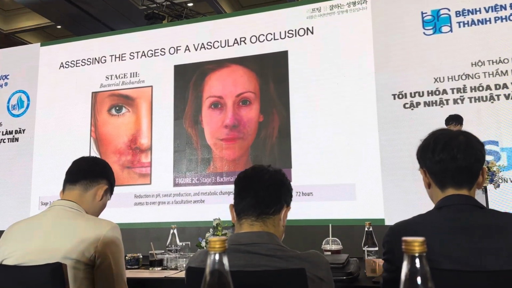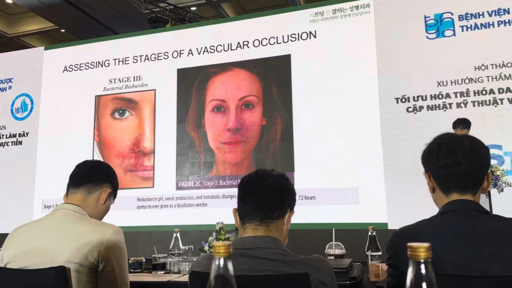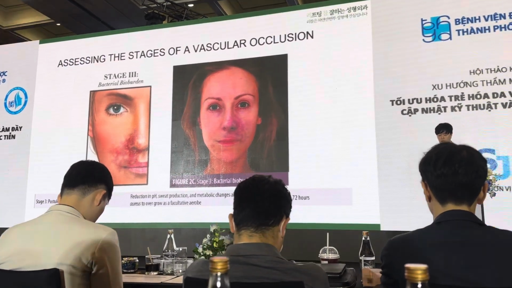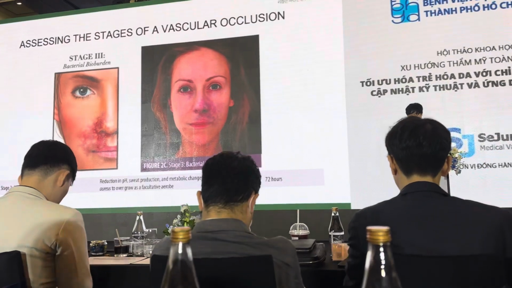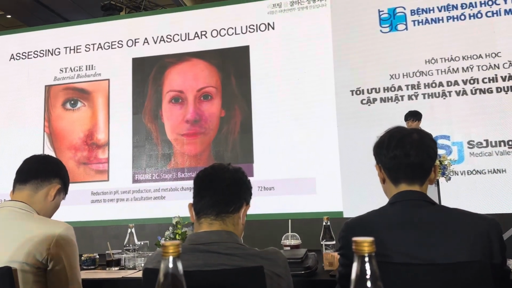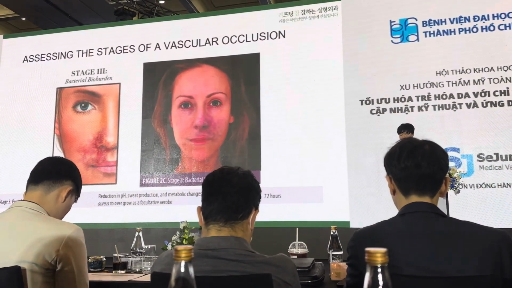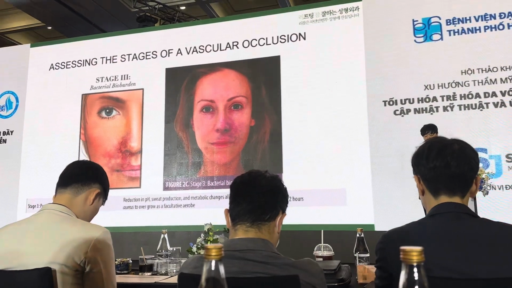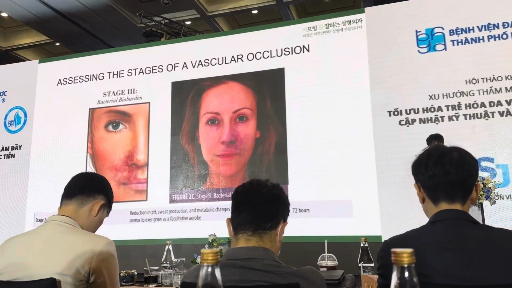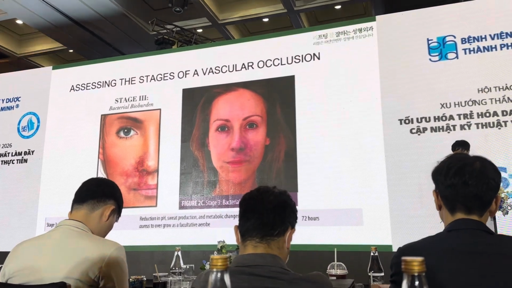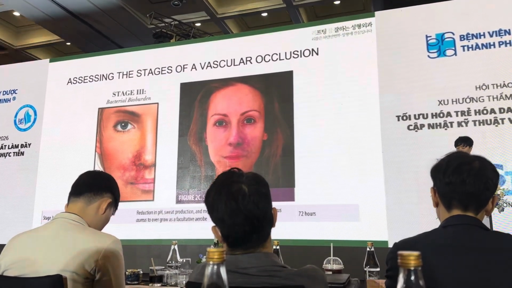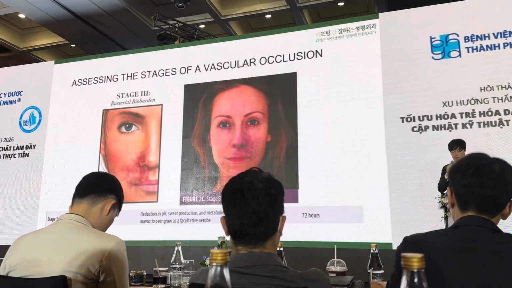Decompression is essential here, otherwise bacteria can spread deeper into the skin. Interestingly, some patients may still recover if their regenerative capacity is strong, but in most cases decompression and proper wound care are crucial.